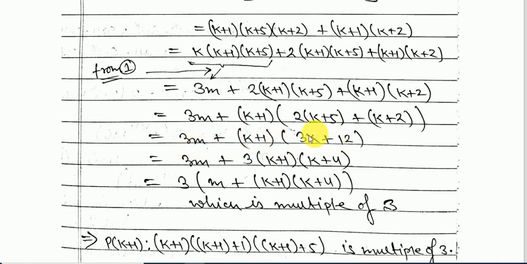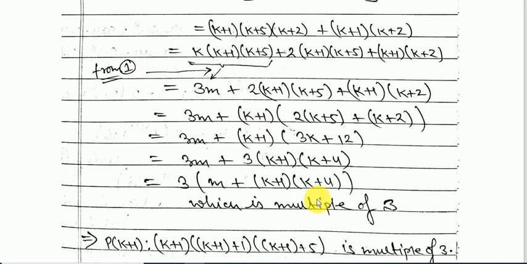You can see 3 is common in these two terms. So you get 3m plus 3 times k plus 1, k plus 4. Yes. So again 3 is common, so 3 comes out. So you got 3 into something. That means whatever you will get, that number is going to be a multiple of 3. So here I've written that clearly this is a multiple of 3.